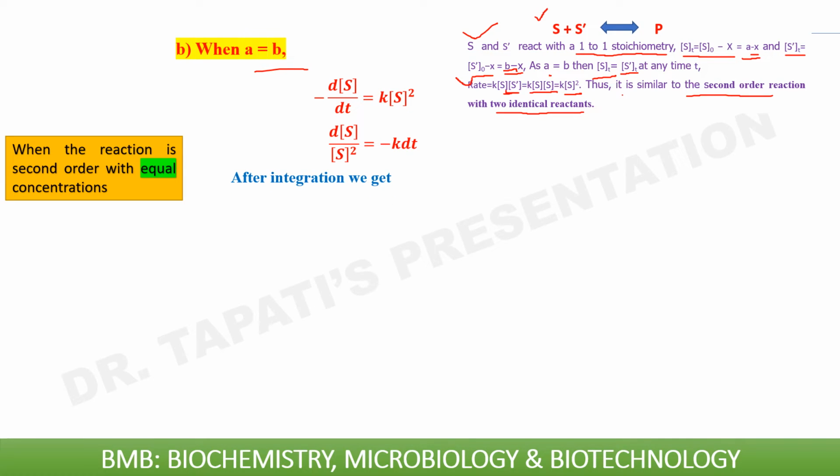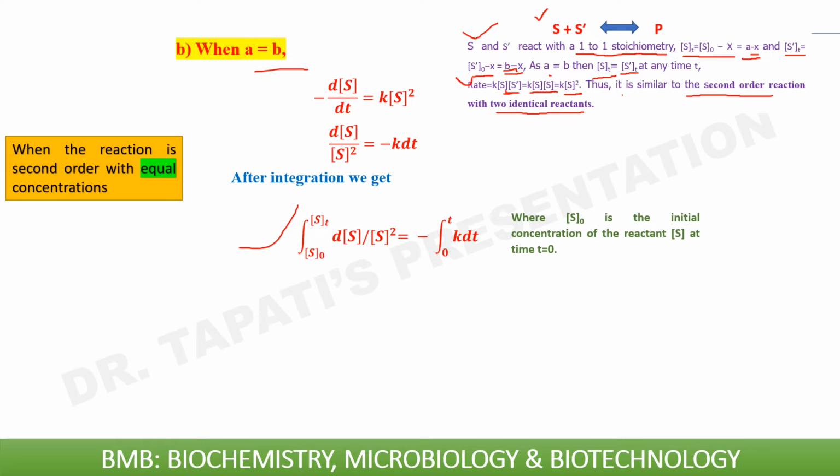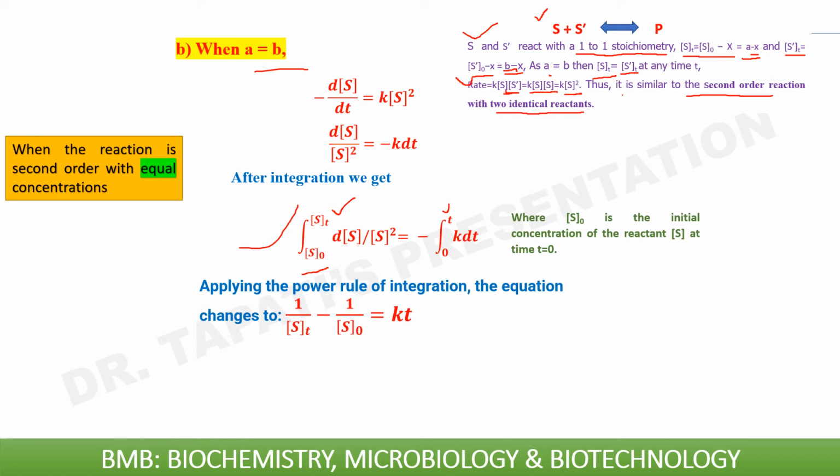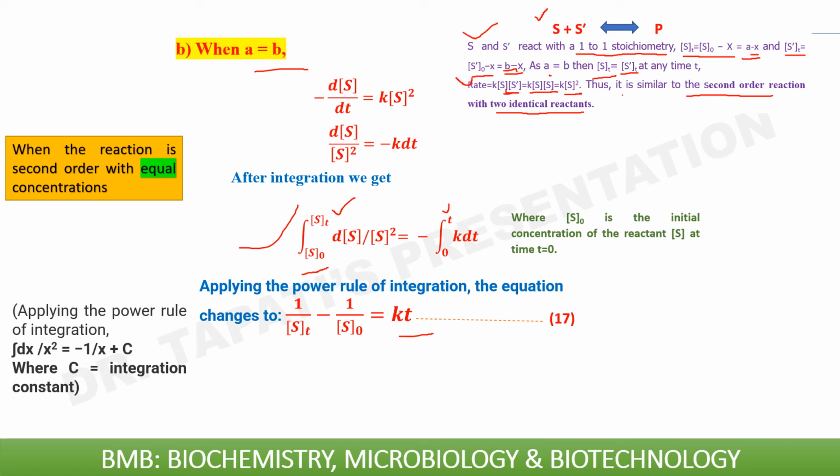If we integrate, we will get this equation, where S0 is the initial concentration of the reactant S at time T0 and St is the concentration of the reactant at time T. Applying the power rule of integration, the equation changes to 1 by St minus 1 by S0 equal to Kt, because integration of dx by x square is equal to minus 1 by x plus c, where c is the integration constant.